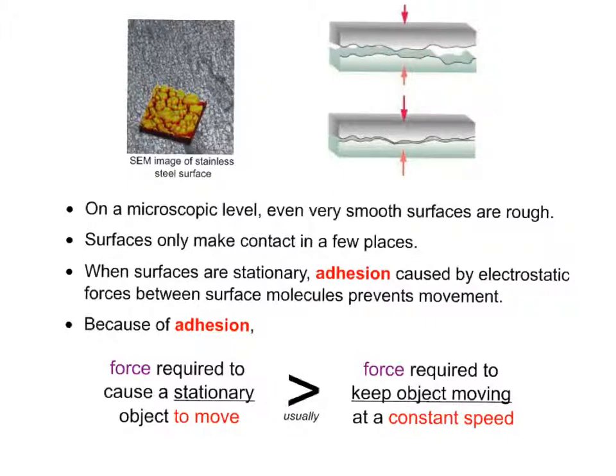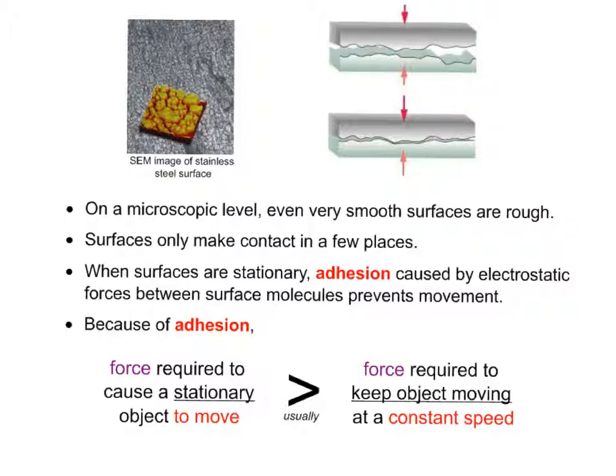So this steel surface might appear very smooth, and you might think, wow, it must be just perfectly smooth. But when you look through a high-powered microscope, here's a scanning electron microscope image of a stainless steel surface that you think is smooth, but look, it's very rough microscopically.